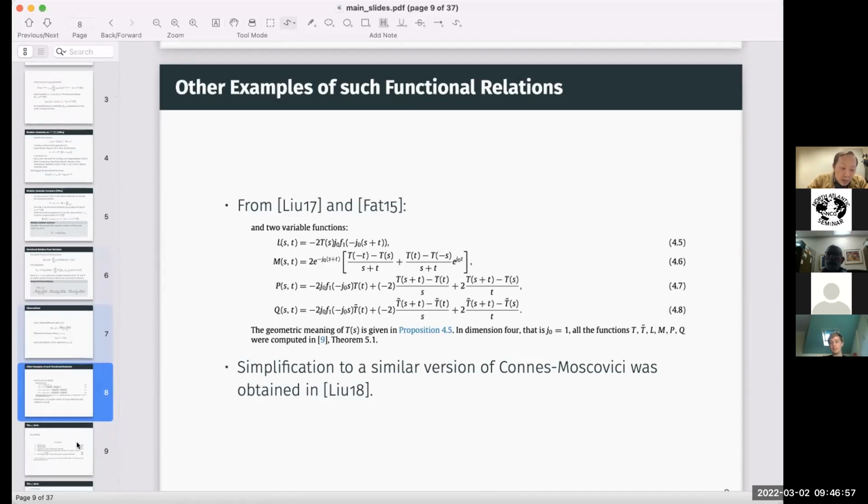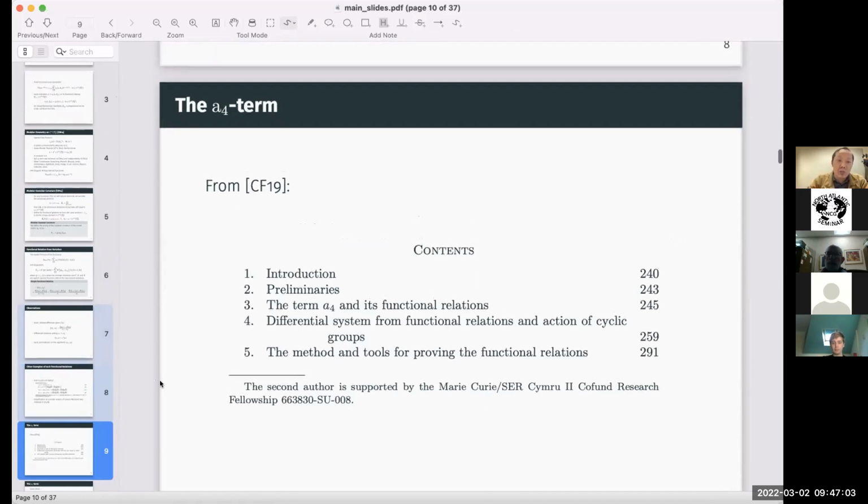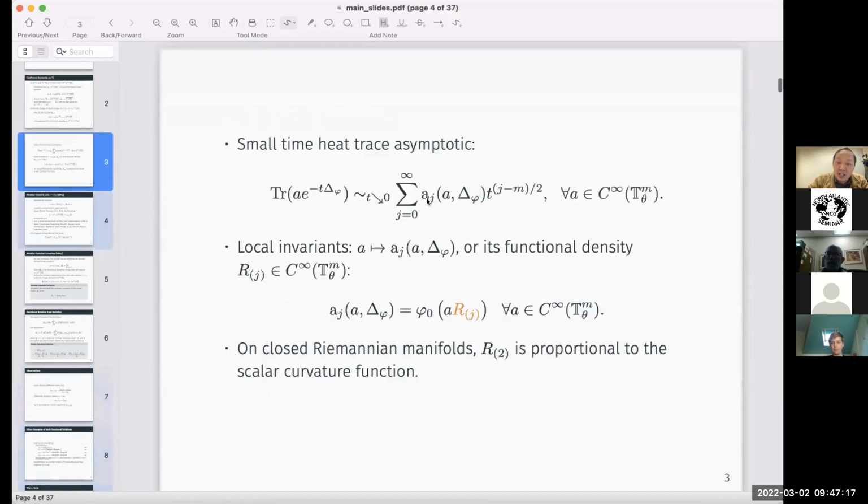Okay, so before stating my results, I want to talk about another motivation. It's about the A2 term. The 2 and 4 refer to the index J here, so the A2 and A4.